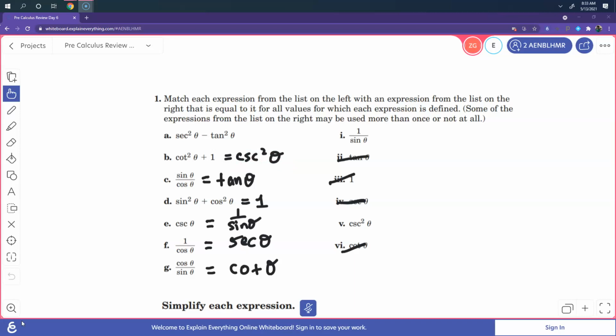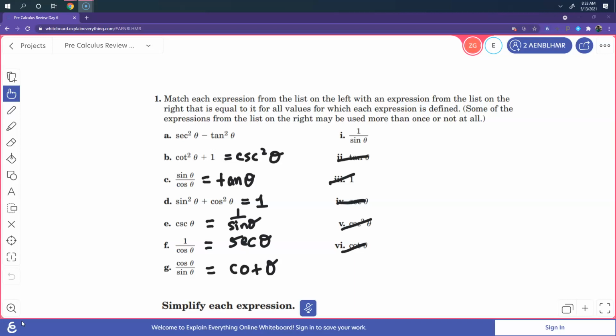Now the last one, you have secant squared theta minus tangent squared theta.